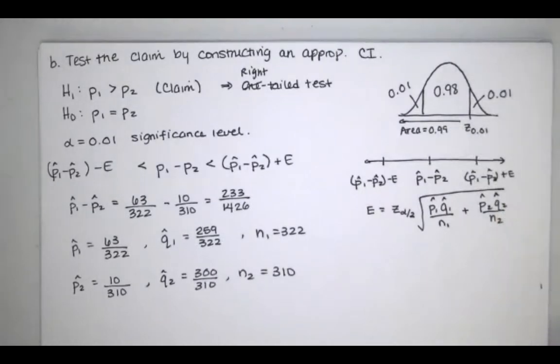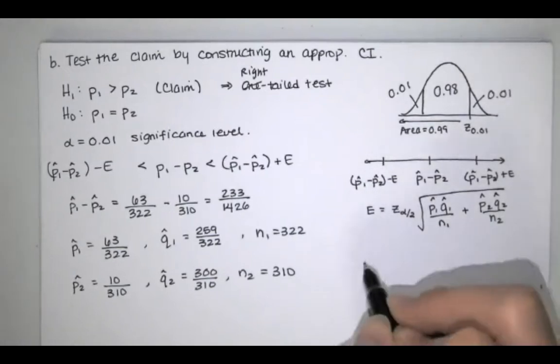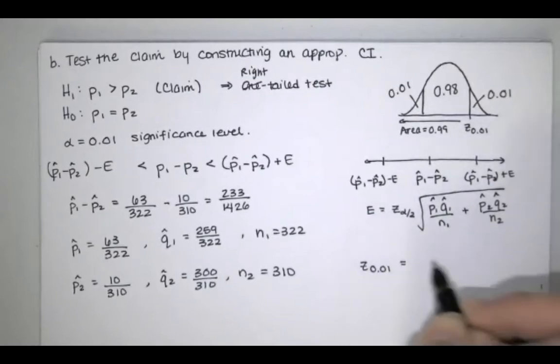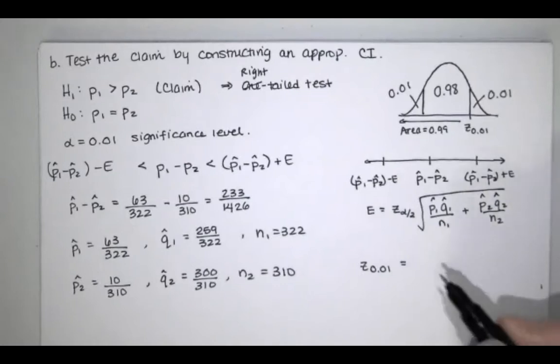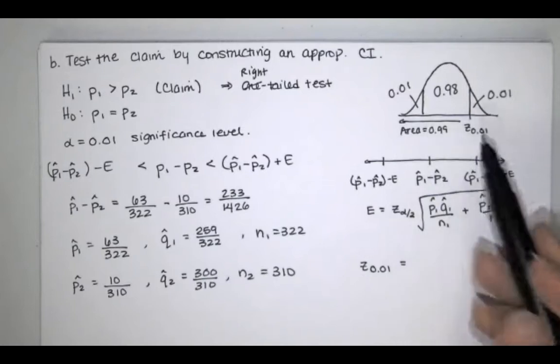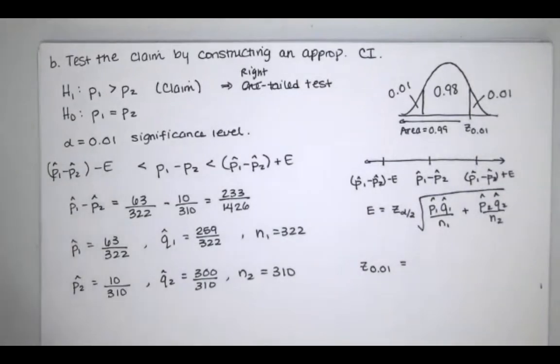Now, in order to find that, we can either use table A2 or we can use technology. I think I will show you how to use table A2 this time. So this is the z-score associated with an area to the left of 0.99.